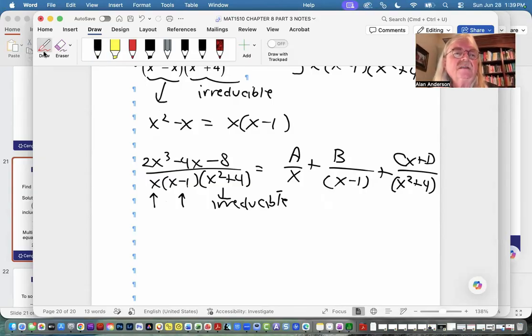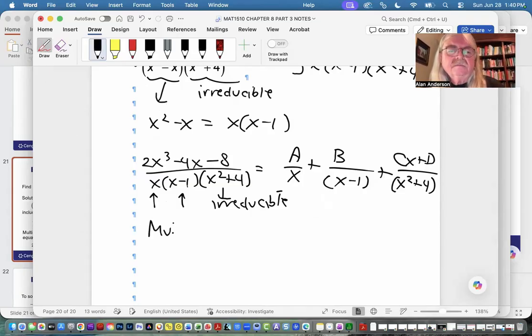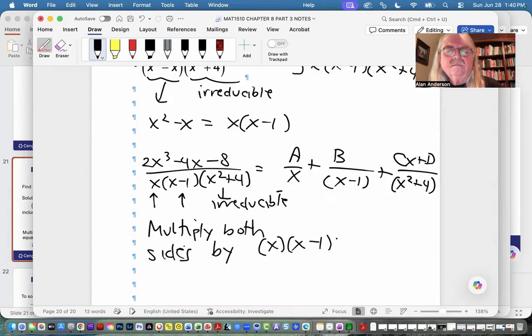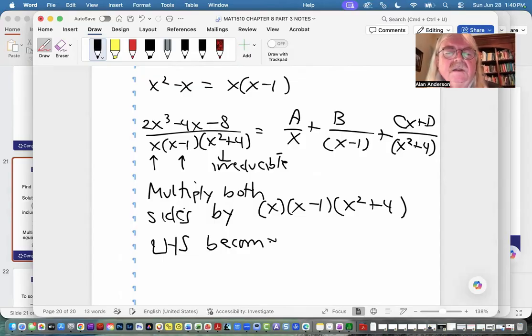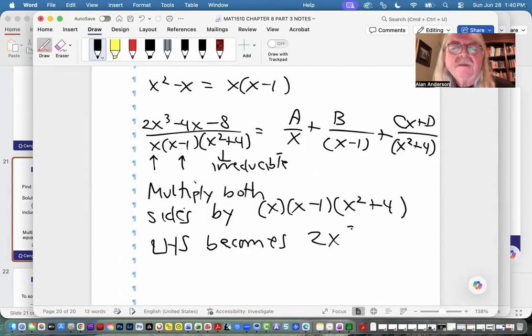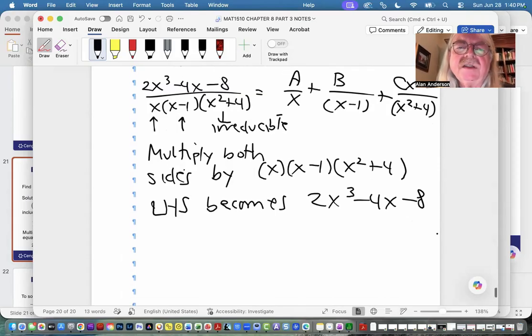So the left-hand side is easy. The left-hand side becomes just the numerator. What about the right-hand side, though?